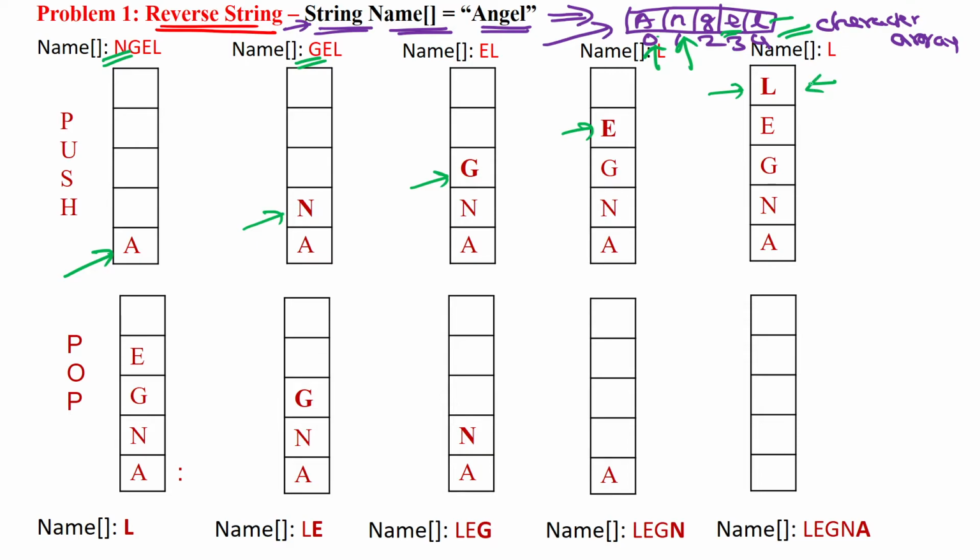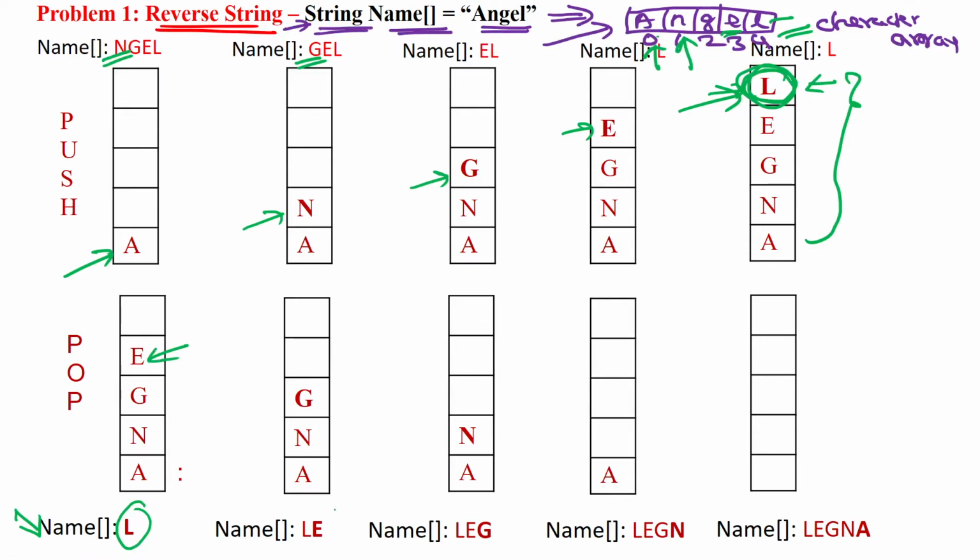Once the characters are over, now we are removing these characters from the stack and storing them in another array. So now I am declaring one more array. Into that array we are popping the l, we pop out the l, and it is stored into the array.